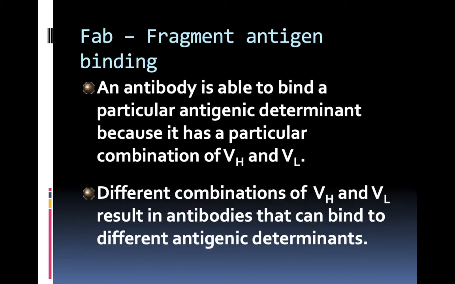Let's take a quick review. Any antibody is able to bind to a particular antigen because it has a particular combination of the variable regions of the heavy and the light chains. Different combinations of these variable regions in both polypeptide chains can bind to different antigenic determinants. You remember our discussion about antigenic determinants.